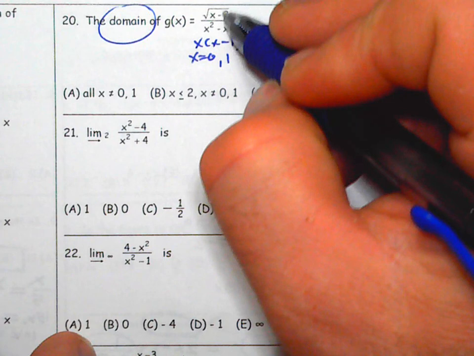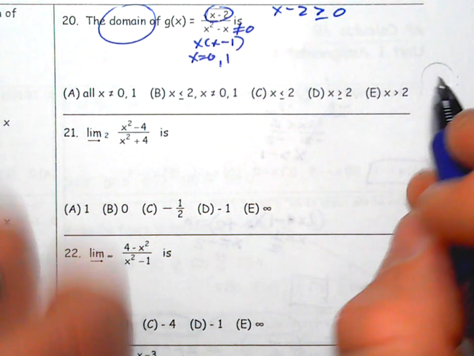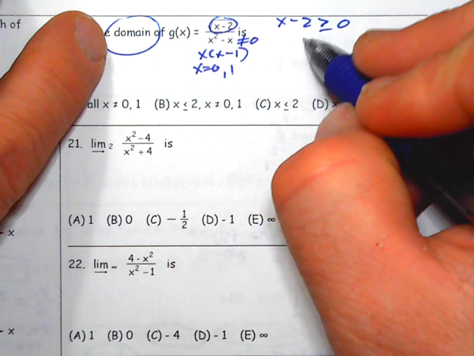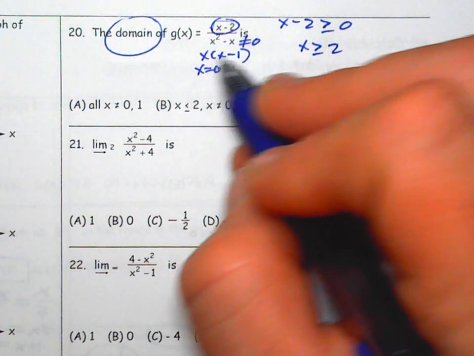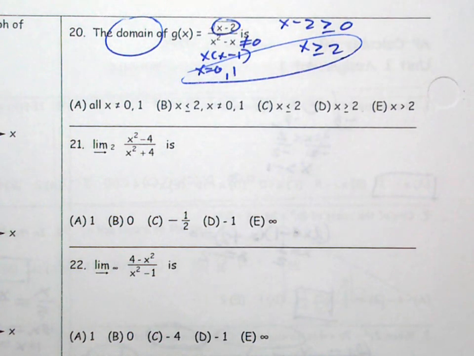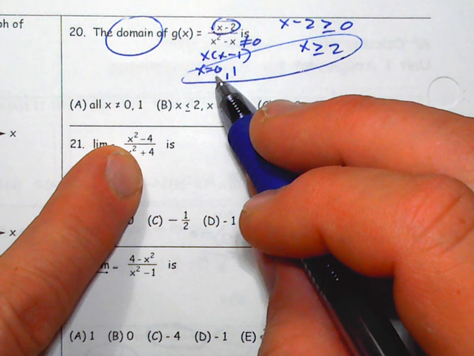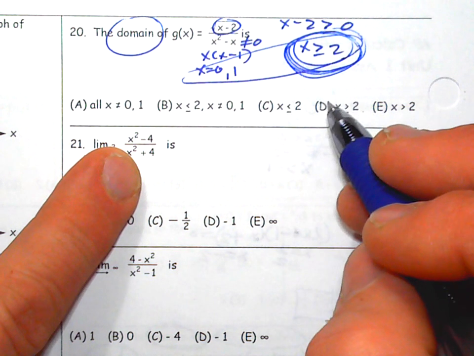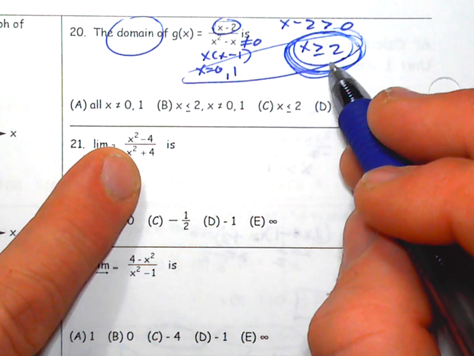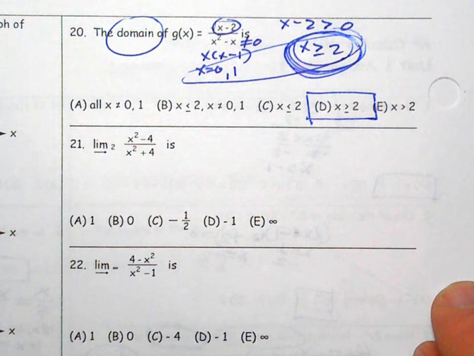The inside of the square root has to be greater than or equal to 0, otherwise you're going to get imaginary results. And so x has to be greater than or equal to 2. So we have to satisfy all these things in the domain. It has to be greater than or equal to 2, can't be 0, can't be 1. Now, this satisfies that, right? So we don't need to say these things. If we're going to say x is greater than or equal to 2, then that's good enough, because that includes that it can't be 0 or 1 at the same time.